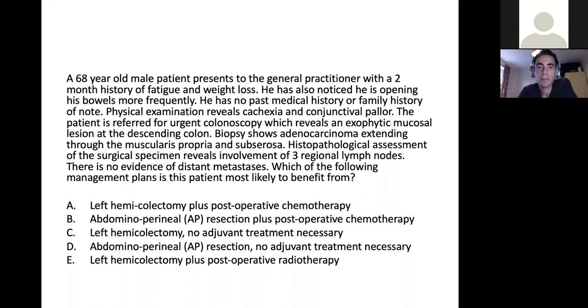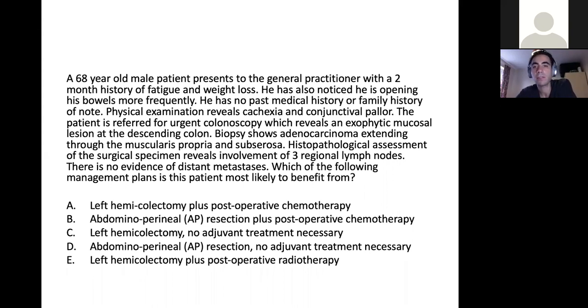Okay, so most of you have said answer A, with the two other popular answers being B and E. Okay, let's go through it. We have a 68-year-old male who's got a history of fatigue and weight loss, so we've got red flags, thinking about malignancy.